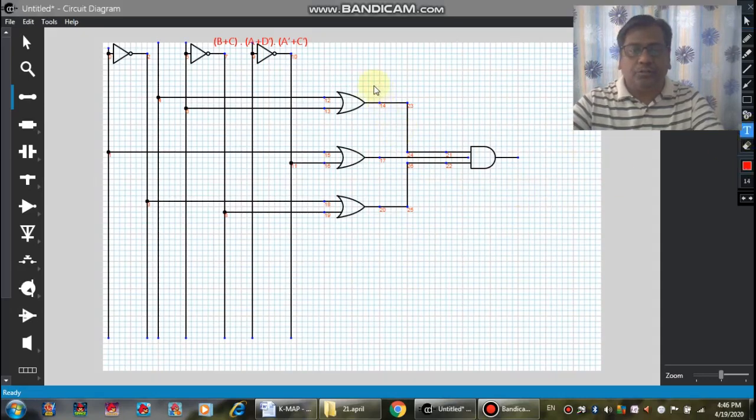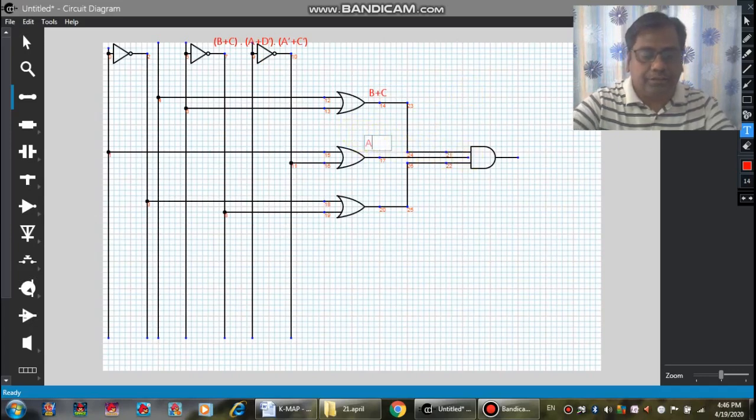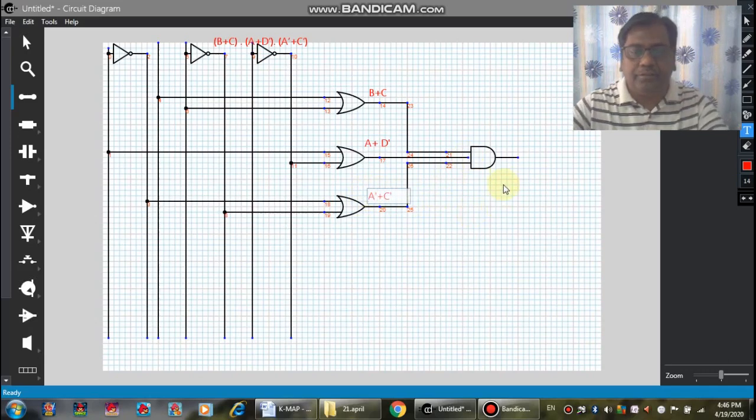Now when you see the output, what is the output over here? It is B plus C. What is the output over here? It's A plus D complement. And what is the output over here? It's A complement plus C complement.